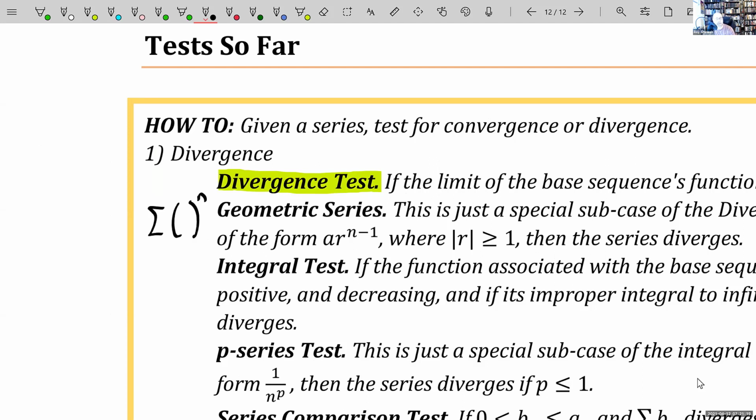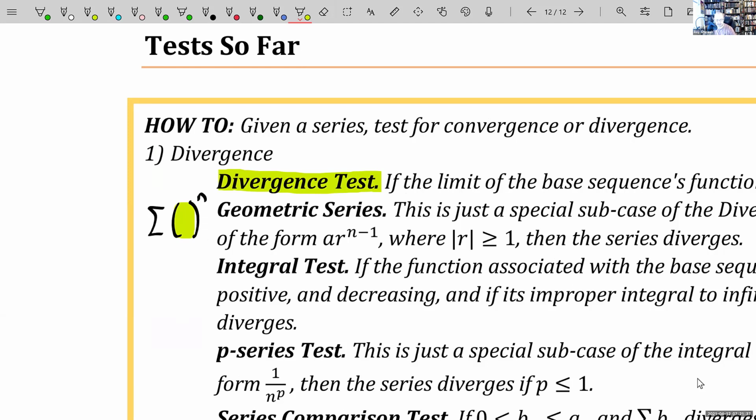It's a geometric series, and so you can test it to see if it converges or diverges. It will converge if the common ratio is less than 1 in magnitude, and it will diverge if it's greater than or equal to 1 in magnitude.